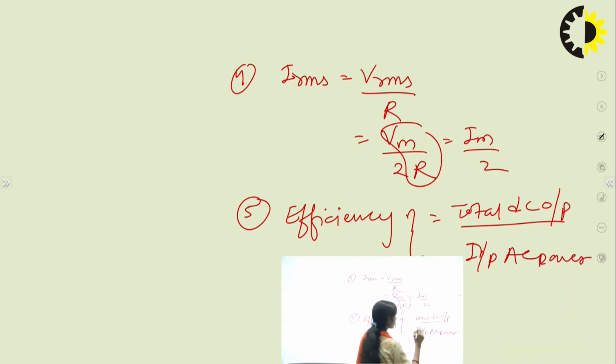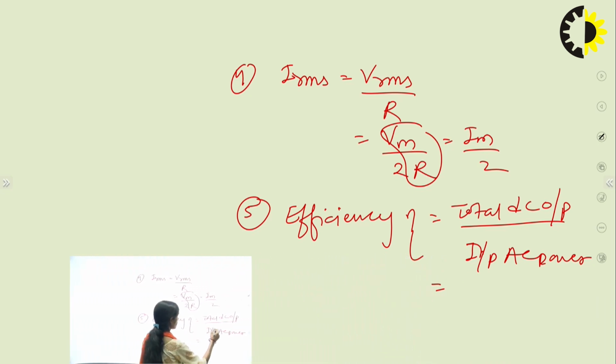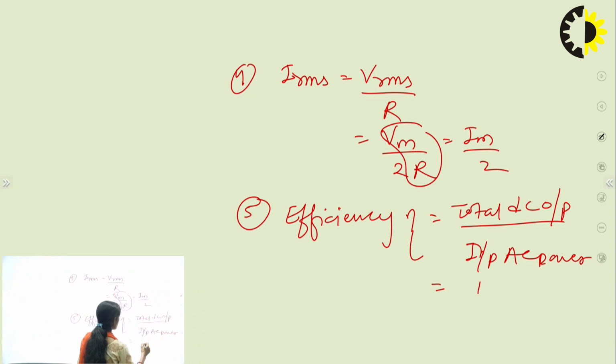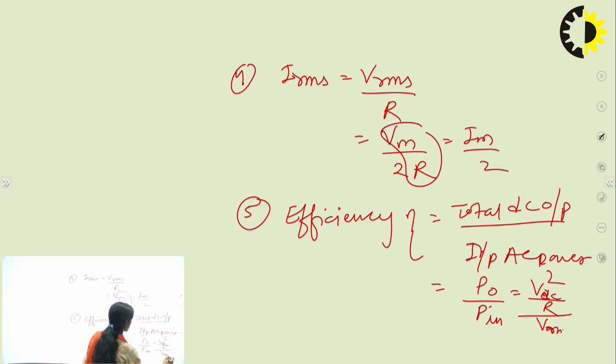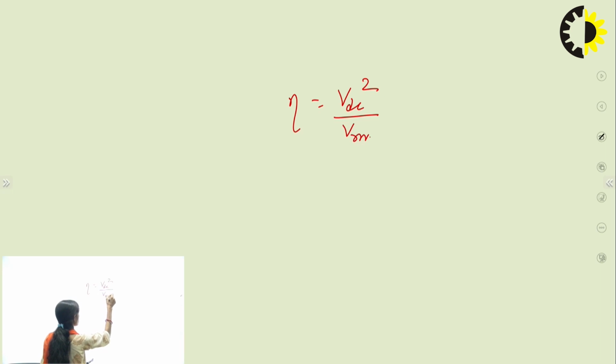So if we talk about the power, we have P out divided by P in, and this is given as VDC square divided by R, divided by VRMS square divided by R. So the R can be cancelled, and we can calculate the efficiency as VDC square divided by VRMS square.